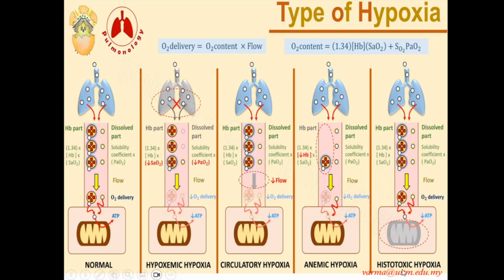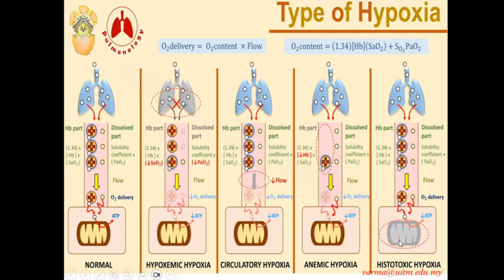Finally, we come to histotoxic hypoxia. There is no problem with the oxygen content. SaO2 is normal, PaO2 is normal. We know the oxygen content is normal, the flow is normal.